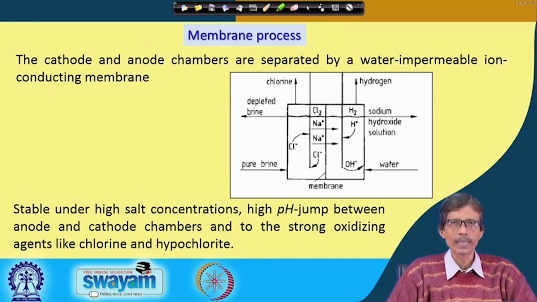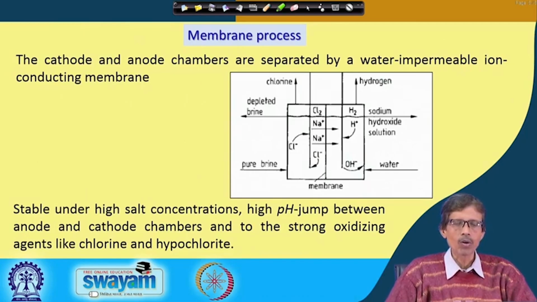Your membrane material should be a polymeric one, which will not be attacked by the high salt concentration. And there will be a high pH jump between the anode and cathode chambers, because you are producing more hydroxide ions, which accumulate over there, and hydrogen ions are getting reduced to produce your hydrogen gas.